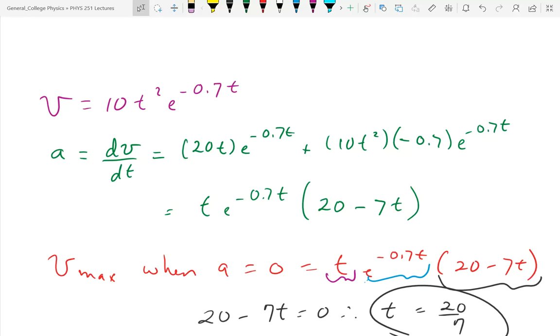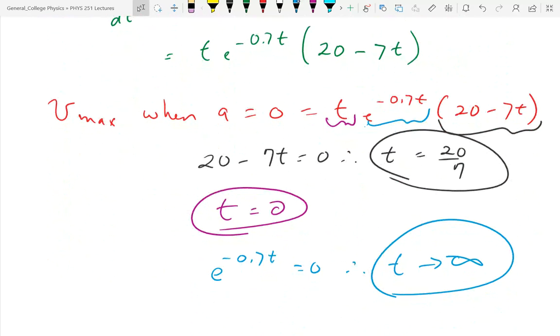And so both t equals 0 and t equals infinity have a speed of 0, which is your minimum speed. So that means the correct answer, the one that is the physical maximum speed, is 20 over 7. Now, of course, there had to be units involved, but my equation didn't have units, so I couldn't put the units into my answer.